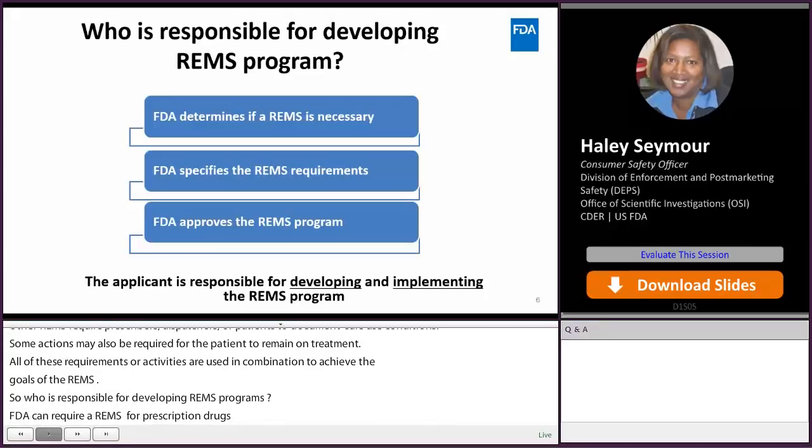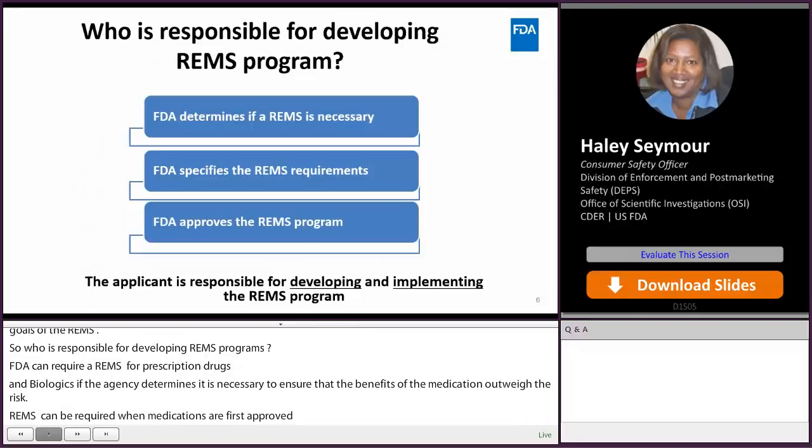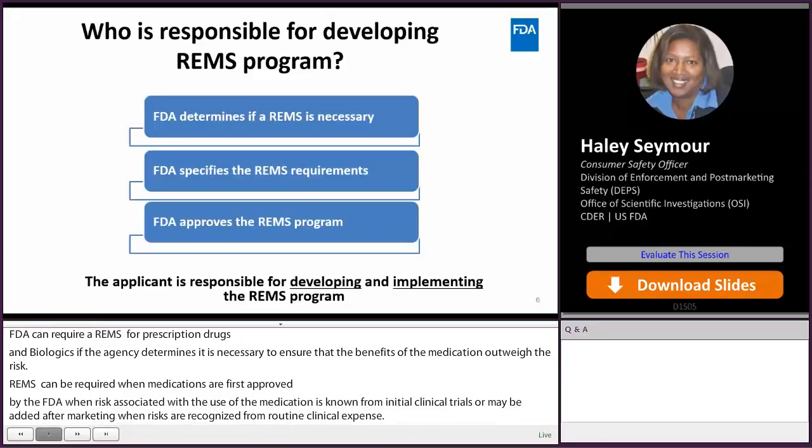REMS can be required when medications are first approved by the FDA, when risk associated with the use of the medication is known from initial clinical trials, or may be added after marketing when risks are recognized through routine clinical experience. FDA specifies the REMS requirements and approves the REMS program, but the applicant is responsible for implementing and developing the REMS program.